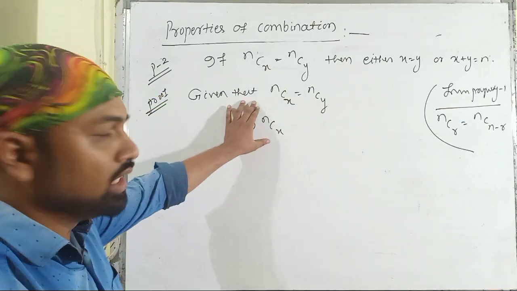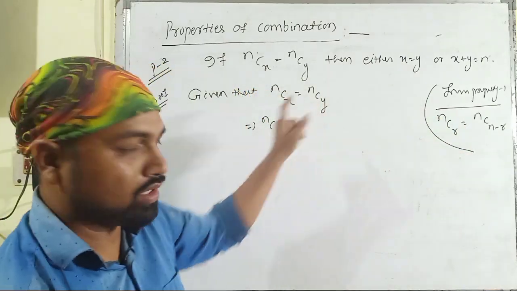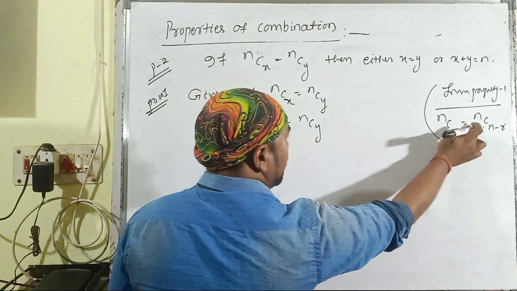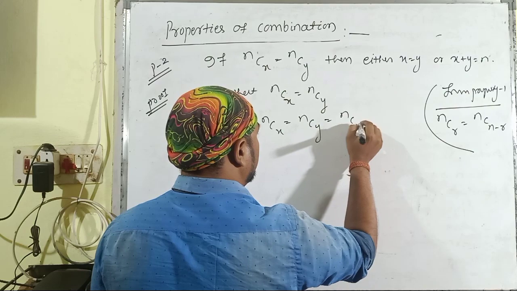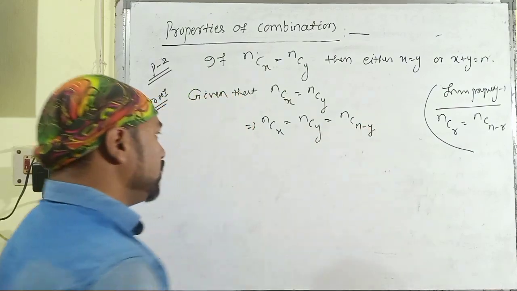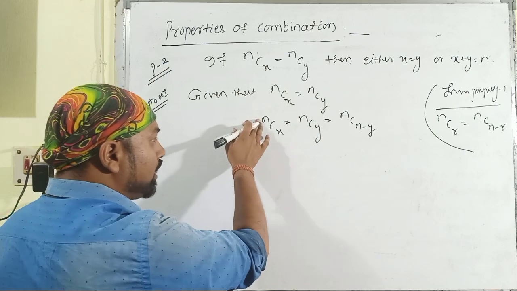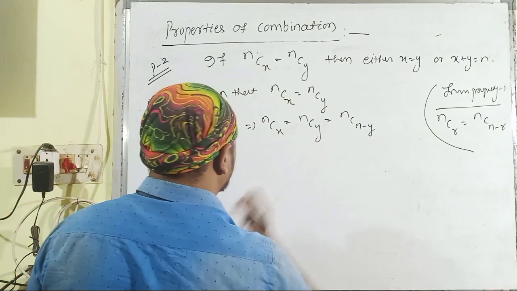We don't have to change the nCx term. Just we have to apply property number 1 in the second part. That means nCy is equal to nC(n minus y). So from this equality we can write either nCx is equal to nCy or nCx is equal to nC(n minus y).